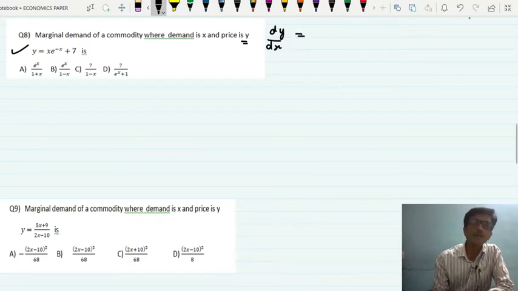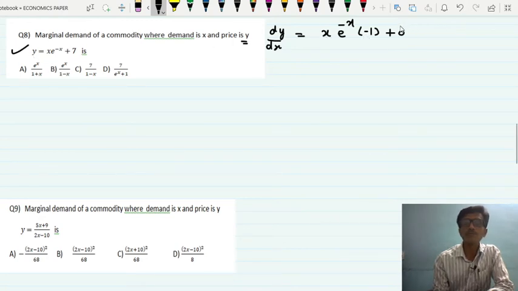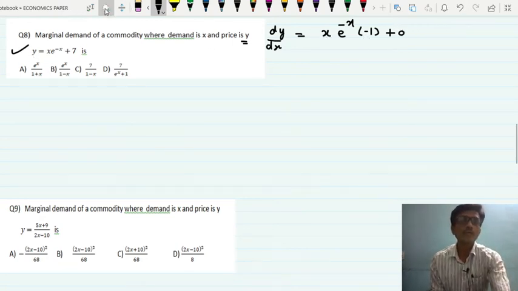So what will be dy by dx? It is product rule we use. So we use here product rule.